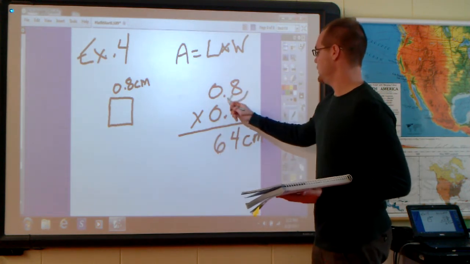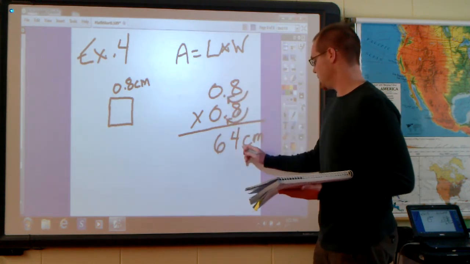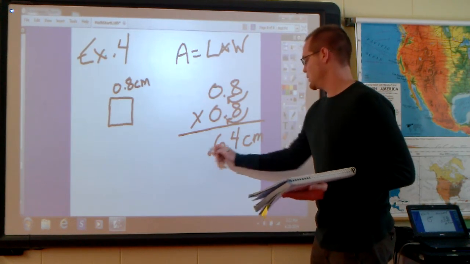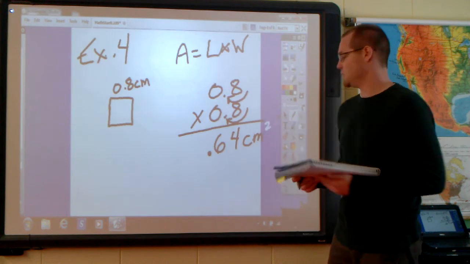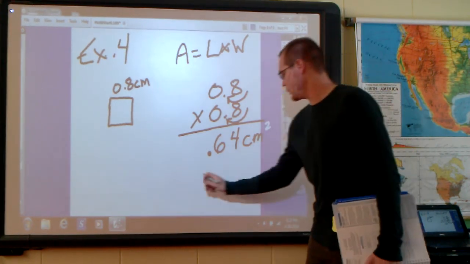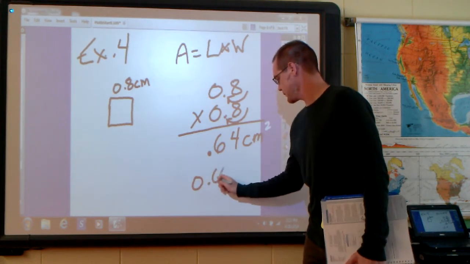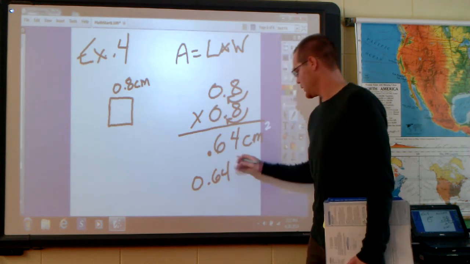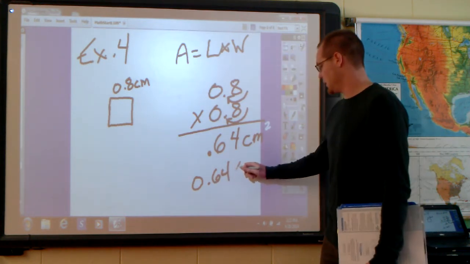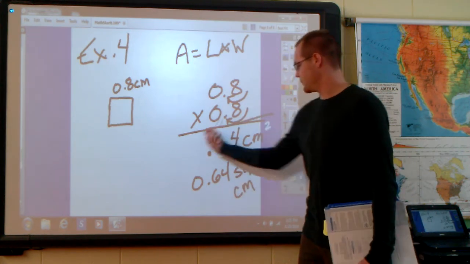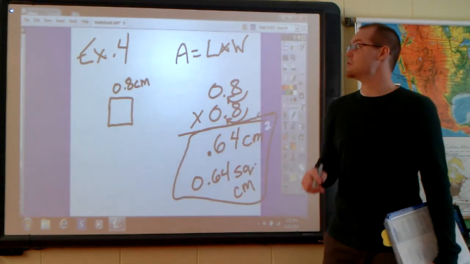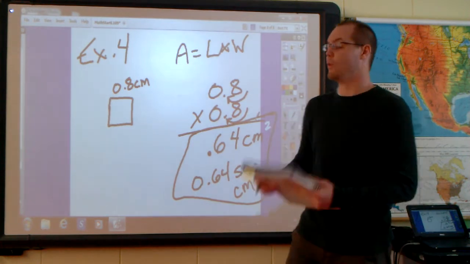I have 2 decimal places, so I move my decimal 2 places. Remembering that with area, we need to label it centimeters squared. We can also use the label square centimeters. Either answer is acceptable, and these are your answers for example number 4.